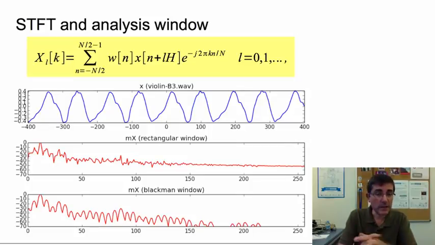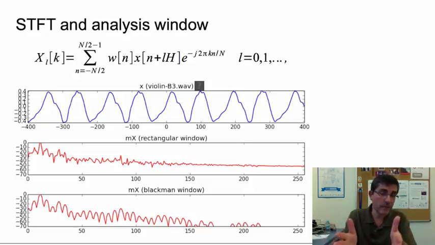So for example, in these plots, if we start from a violin sound that we can listen to, then the magnitude spectrum of one fragment, of one of the frames, is quite different depending on the window we use. If we use a rectangular window, we can see this first magnitude spectrum. If we use the Blackman window, we can see this second one.